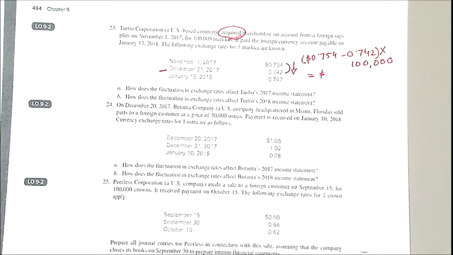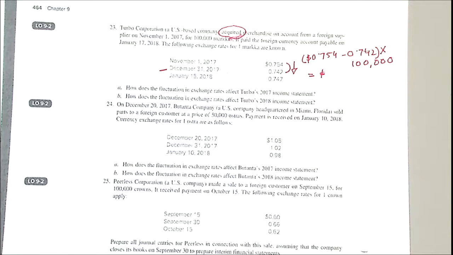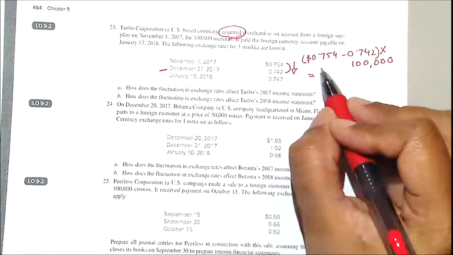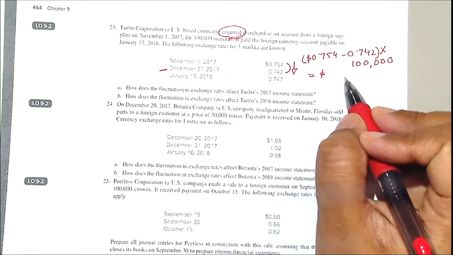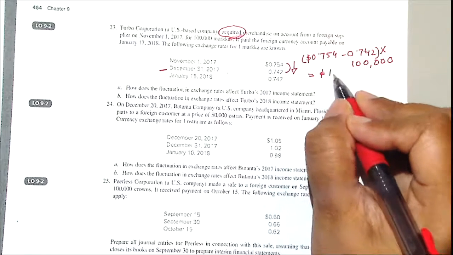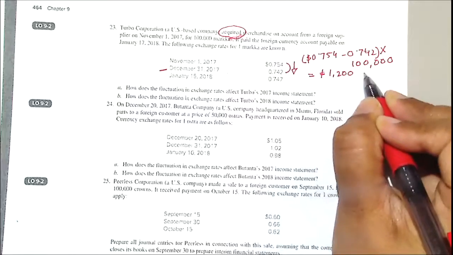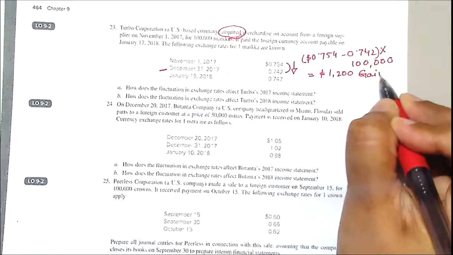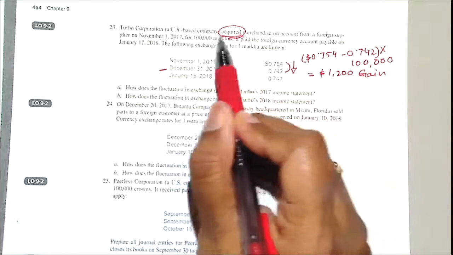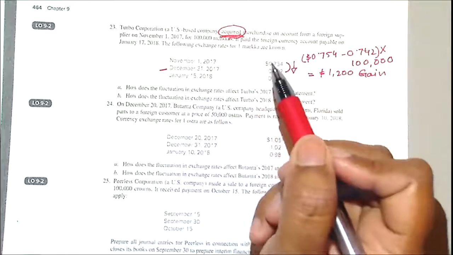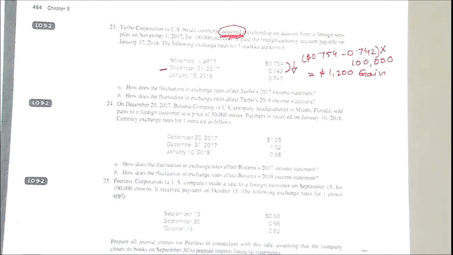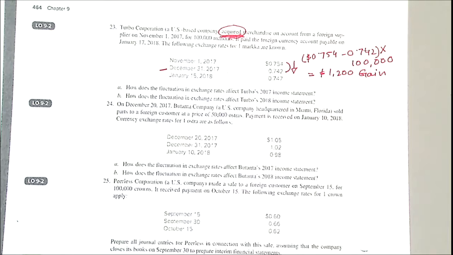If you need to pay and you have to pay less because the value goes down, then it's a gain. So what's your gain? If you tell me the number, please. It's 1,200. So again, try to apply your concept, right? Remember, here you are exposed to an accounts payable. You have to pay. Whatever you want to pay, the value goes down. So you are making a gain.